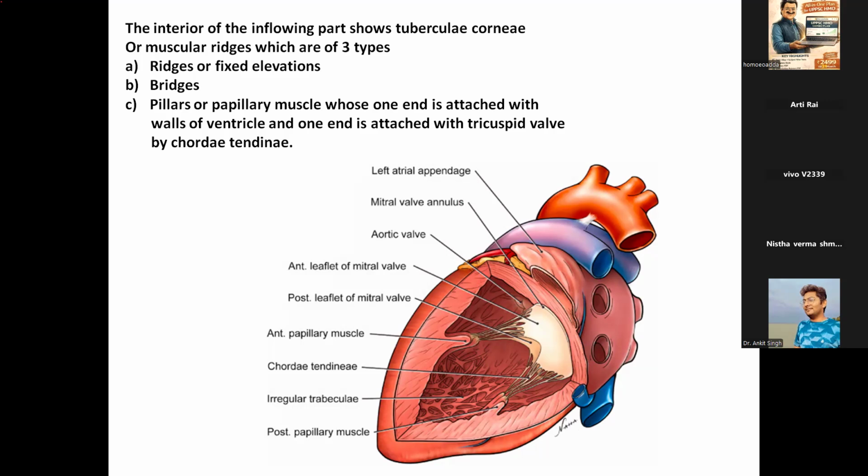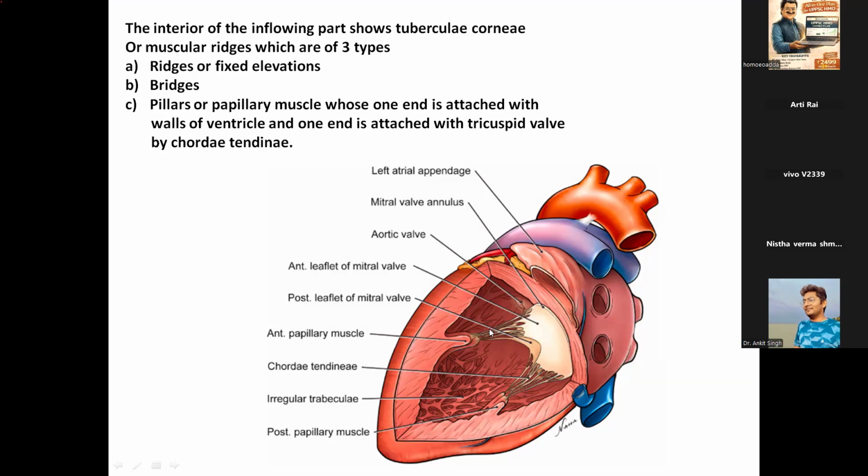Now you can see in the right ventricle, between the right ventricle and right atrium, there is a tricuspid valve. In the right ventricle, you will find three papillary muscles. Here, this is a papillary muscle. These papillary muscles are attached to the valve by strings, and these are called chordae tendineae.